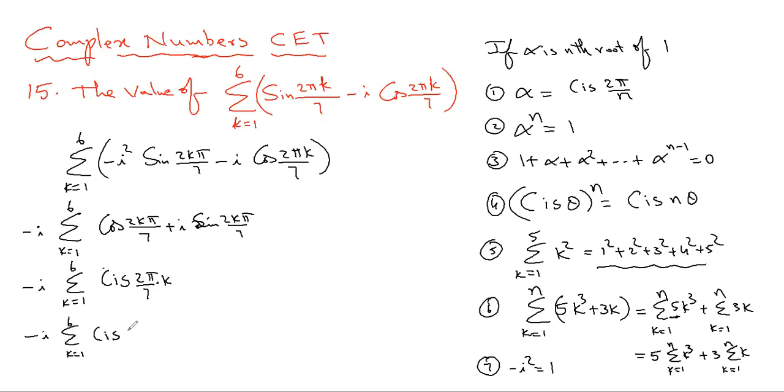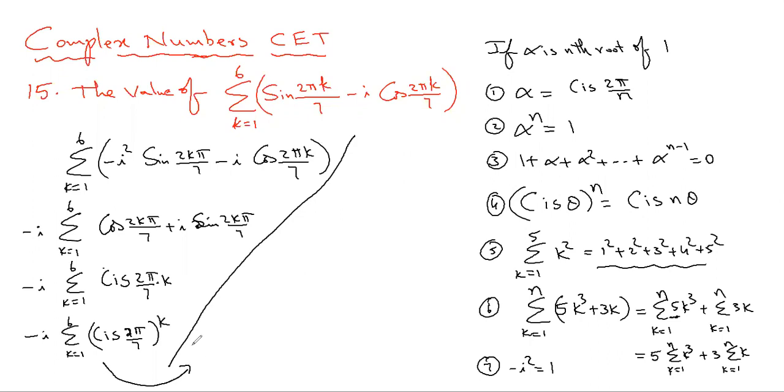Now I use De Moivre's theorem, cis 2 pi by 7, the whole power k. So that's what I did. Now, the minus I outside as it is, I would like to expand this summation. I need more space for these steps now, so I'll write from top to bottom.